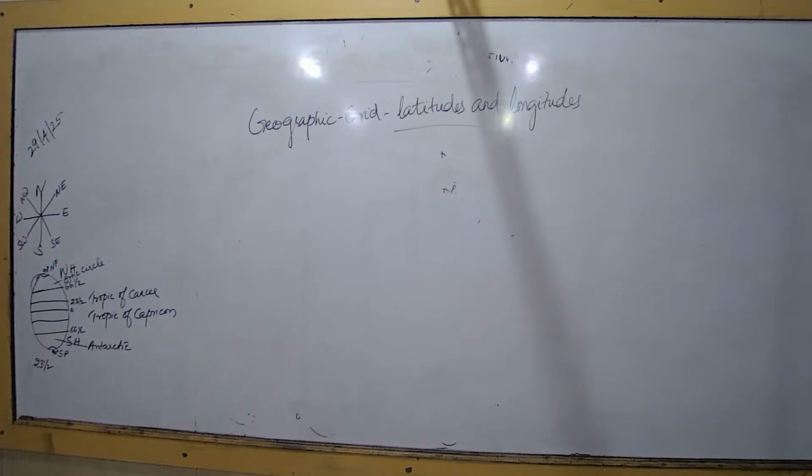The first sentence, see, why do we need those imaginary lines on the globe? The first sentence is that Earth's surface is so vast that unless a mathematical method is used, it is impossible to locate any place. Have you seen?